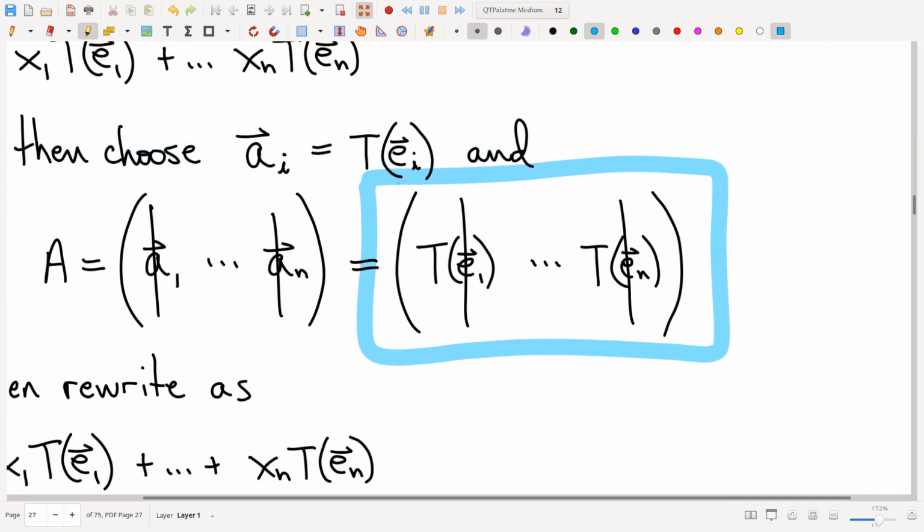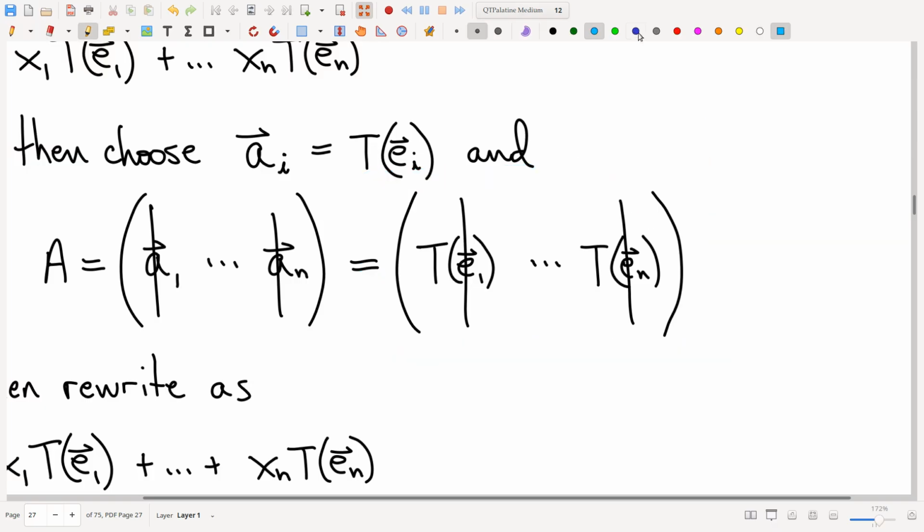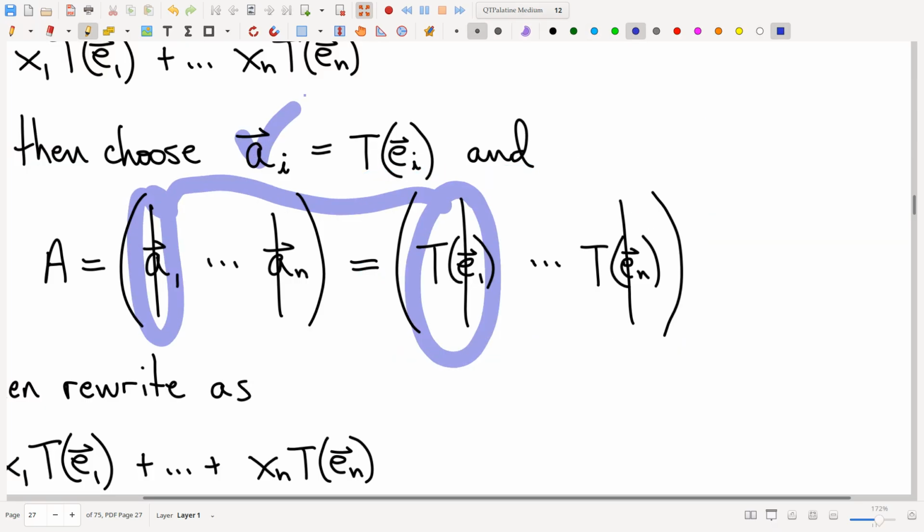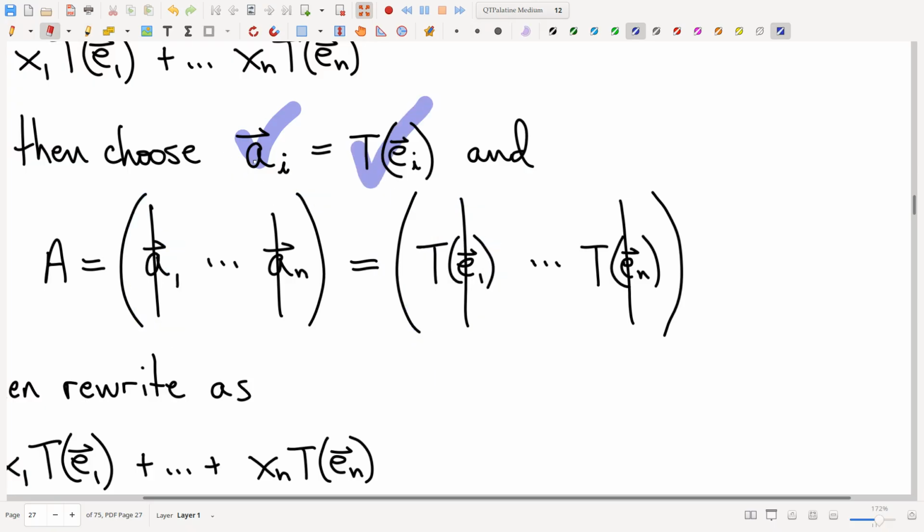That formula, by the way, you'll notice is just saying that the columns of A are computed by these formulas. All it says is that the columns of the matrix are the images of the standard basis vectors.